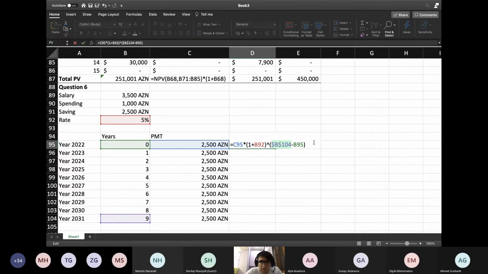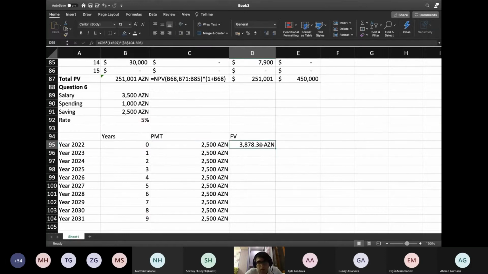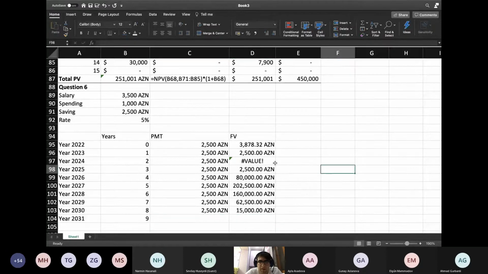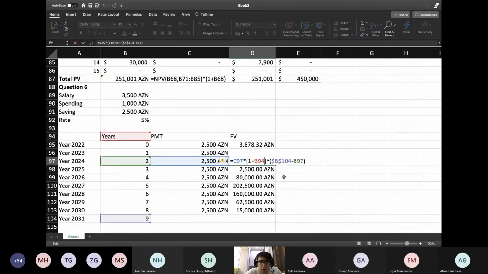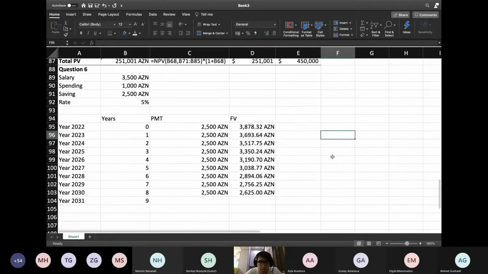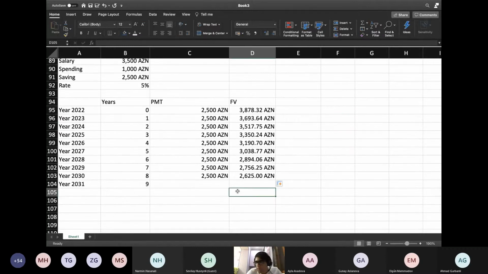Let me fixate it, and this will be the same. Oh, guys, actually, we don't have payments in year 9. I should fixate this too. Okay. So total, we have the total here.